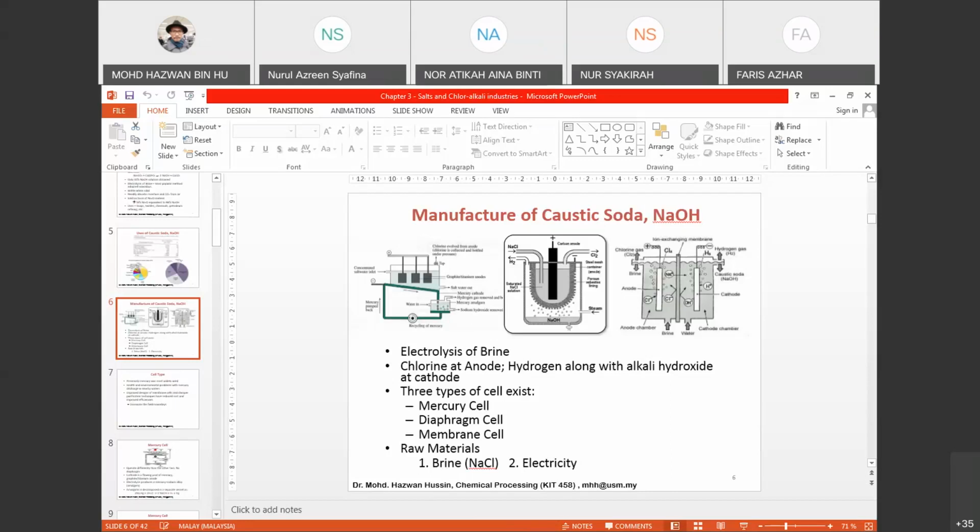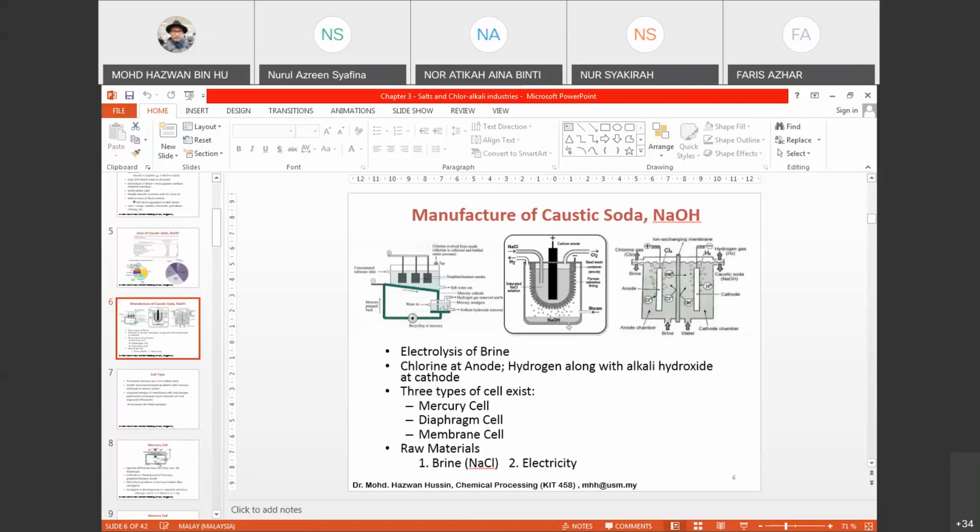Actually, we want to concentrate the final product, because the sodium hydroxide produced is quite dilute. So in order to increase the purity, we have to undergo evaporation. Okay. Other things you want to tell?